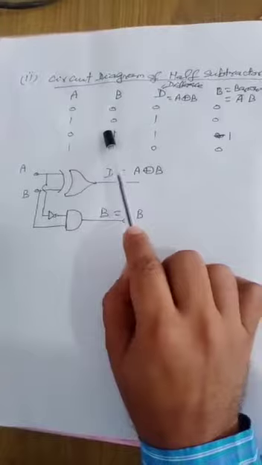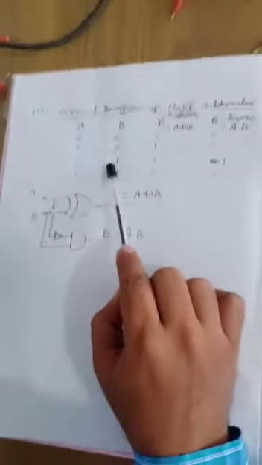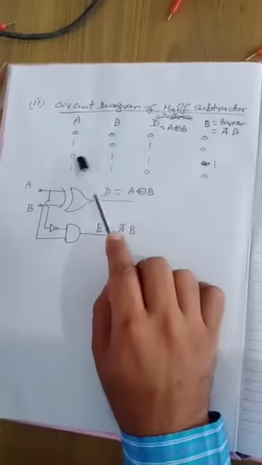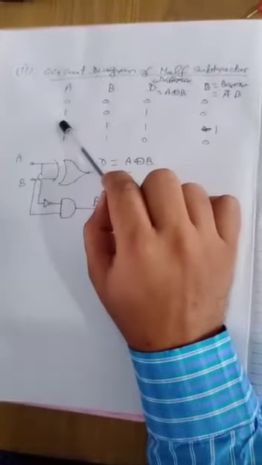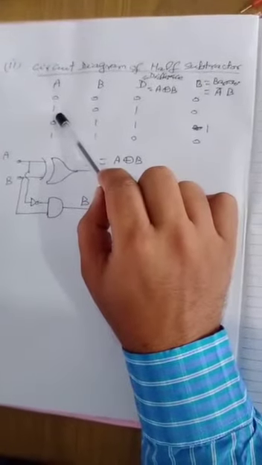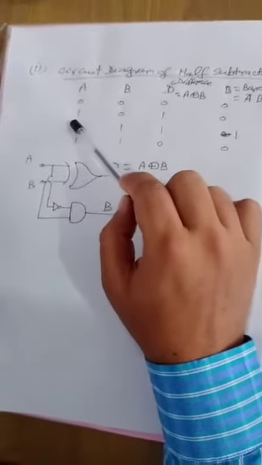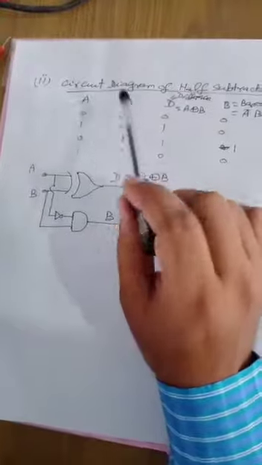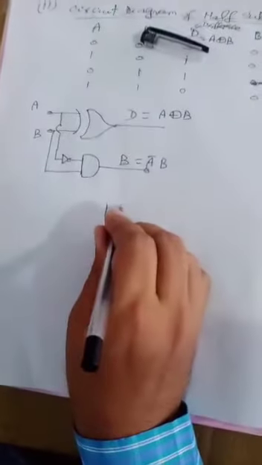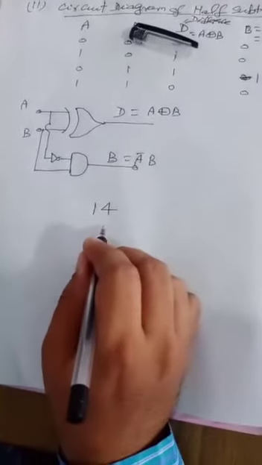0 minus 1: 0 is the smaller number. It requires 1 borrow from the previous stage, as in the case of decimal numbers. Just now explain it by an example of decimal number.